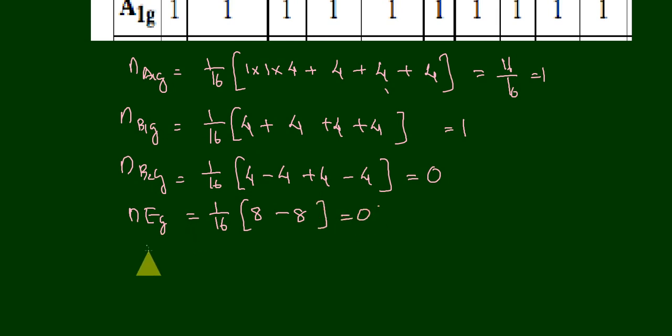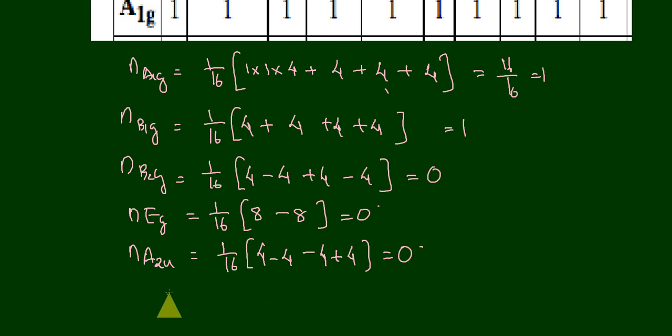And from here, next one is A2u, that is n A2u, equal to 1 divided by 16 into 4 minus 4 plus 4, that is equal to 0.